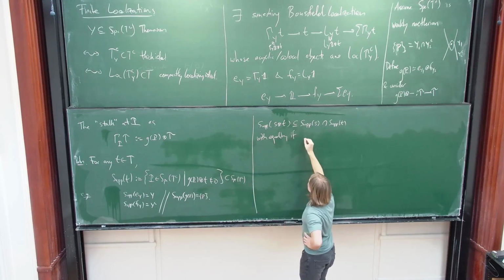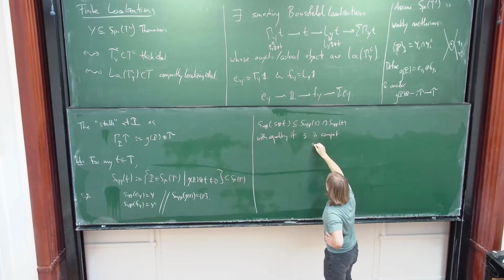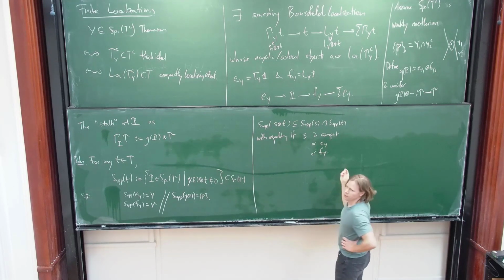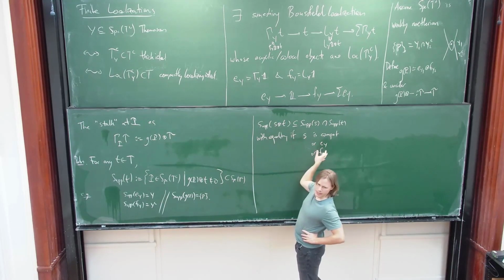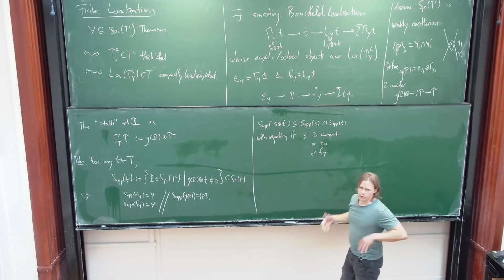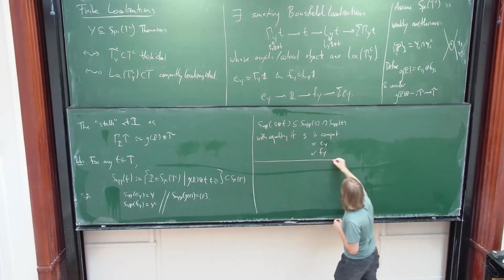So, for example, if S is compact, or one of these objects E_Y, or one of these objects F_Y. So sometimes, if one of these objects is one of these particular things, then you have this sort of equality, but in general, you don't. So the tensor product property does not necessarily always hold.